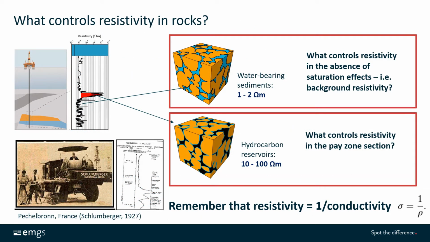So before talking about the CSEM, what controls the resistivity in the rock? On the left-hand side picture, let me turn on the laser pointer. Yeah. So on the left-hand side picture, you can see that a well is getting drilled, and then we have the water column, and beneath we have the subsurface.